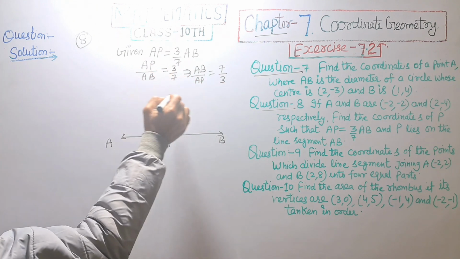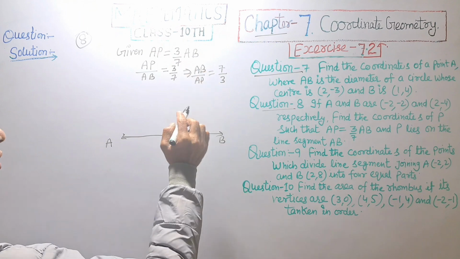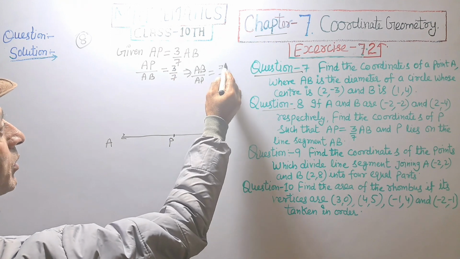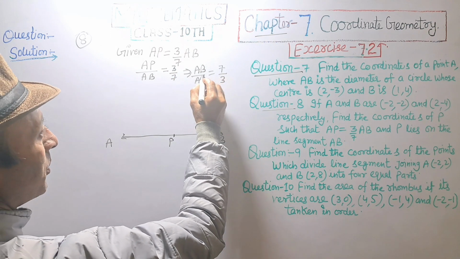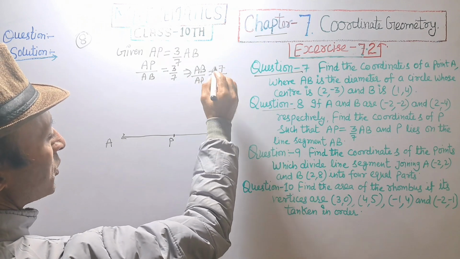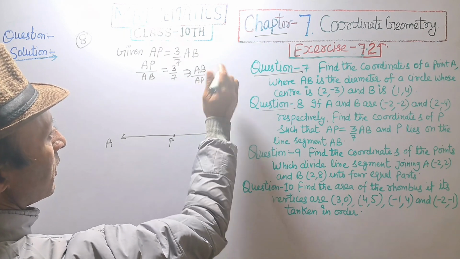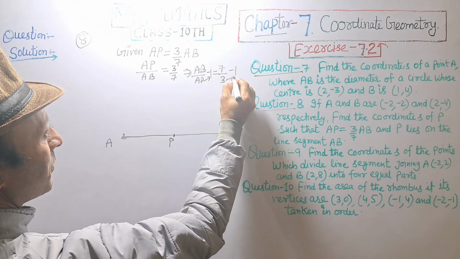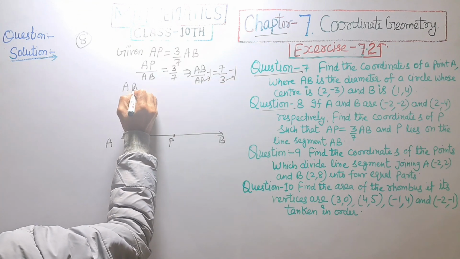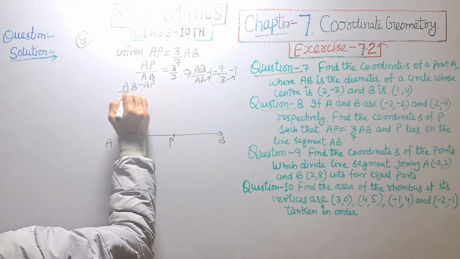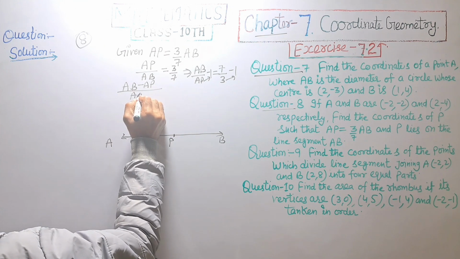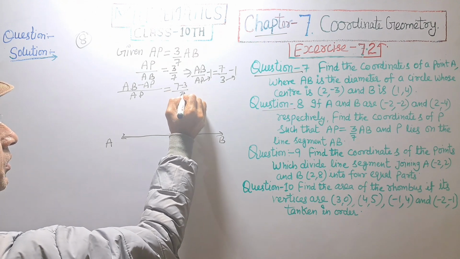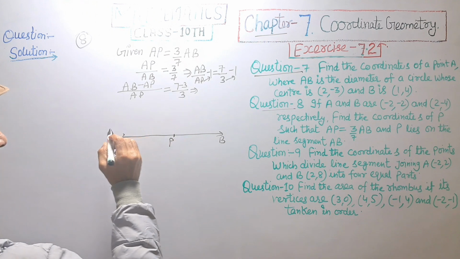AP upon AB can be written in reciprocal as AB upon AP, and the reciprocal of 3/7 is equal to 7/3. And subtracting 1 from both sides, AB minus AP upon AP is equal to 7/3 minus 1.